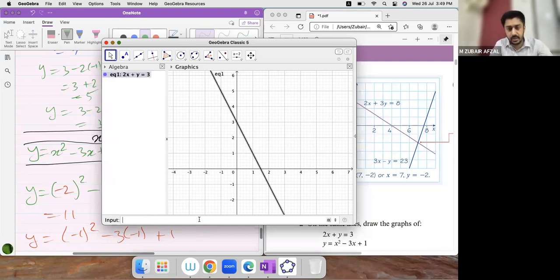One. The other is y is equal to x squared minus 3x.